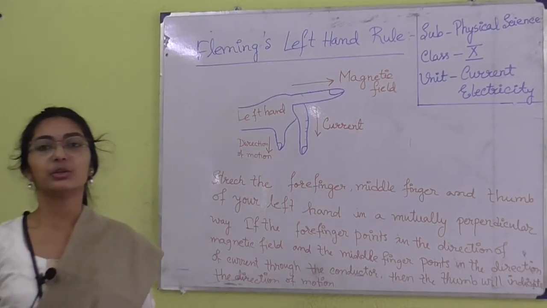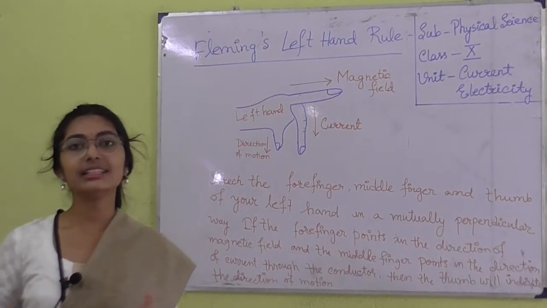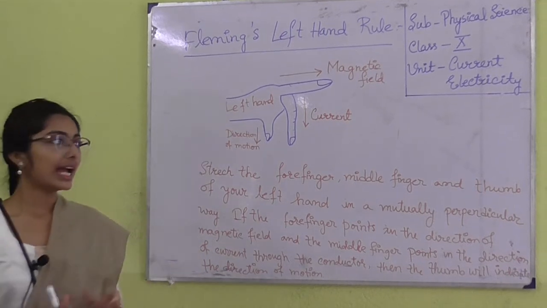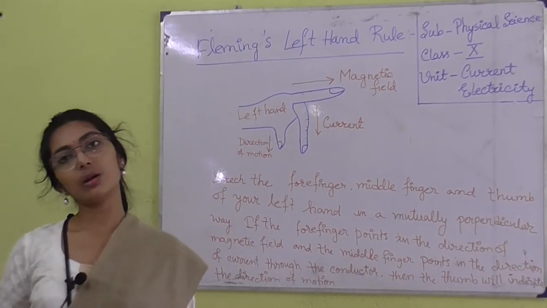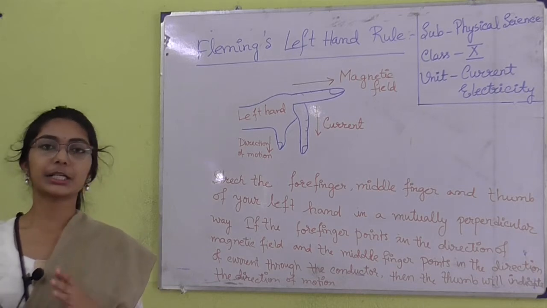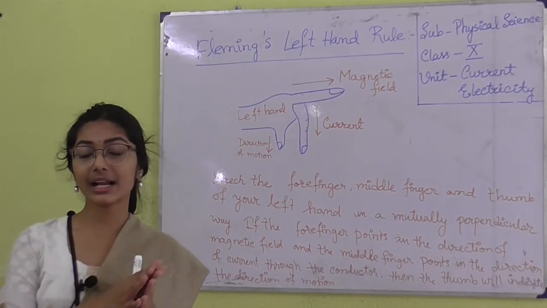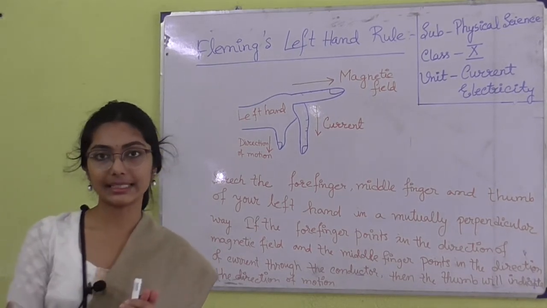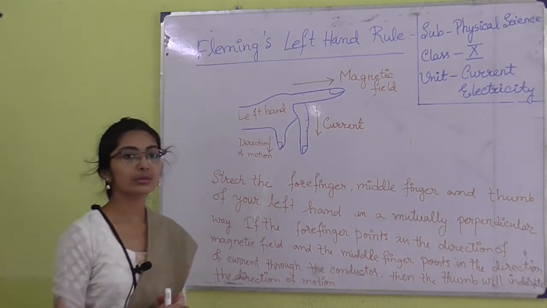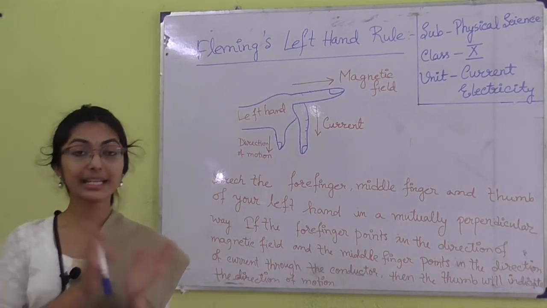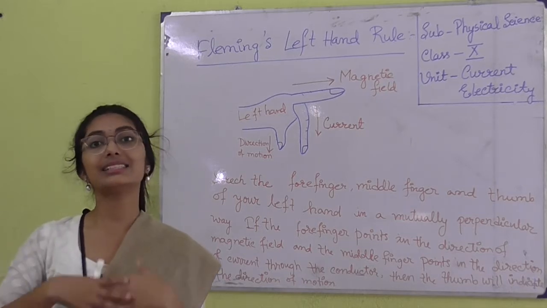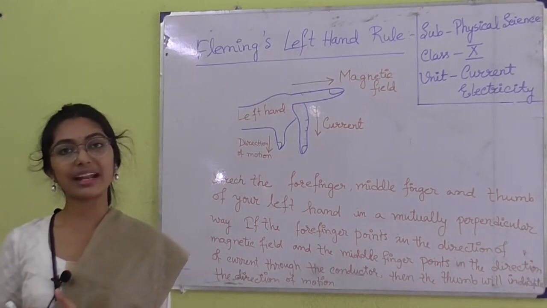Hello everyone, today we are going to discuss again current electricity, and the topic is electromagnetism. Last day we discussed the action of a current carrying conductor on a magnet. Today we are going to discuss what happens when a magnetic field is generated and a conductor is placed in the magnetic field.